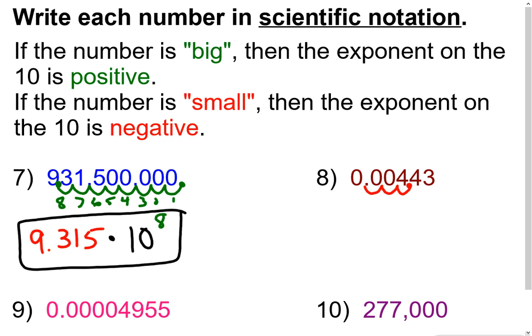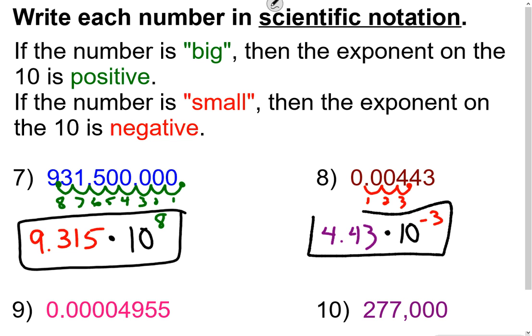Therefore, my a value now is going to be 4.43, and then in scientific notation times 10, and now to what power? Well, this is where I'm going to count how many places I moved. I moved it 1, 2, 3. But remember, since it's a small number, we have it to the negative 3rd power. And then I have completed my number that was in standard notation, and it is now in scientific notation.